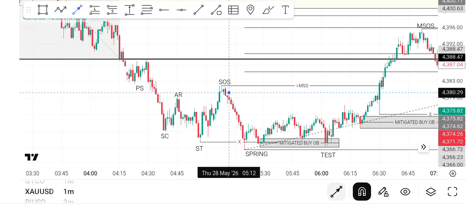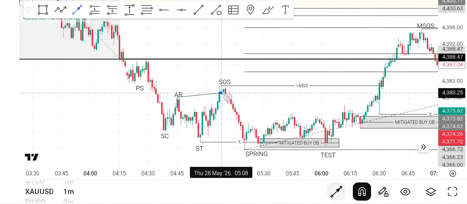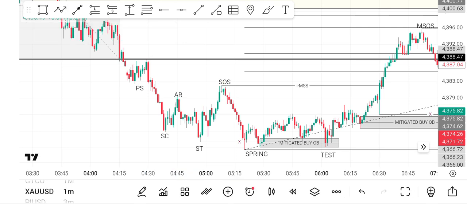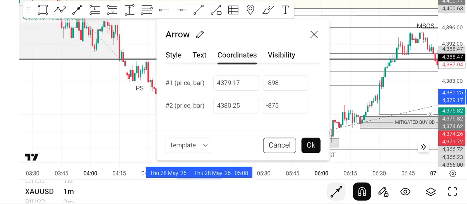a sign of strength is an initial break of this high, which normally we will say that we have a change of character, right?